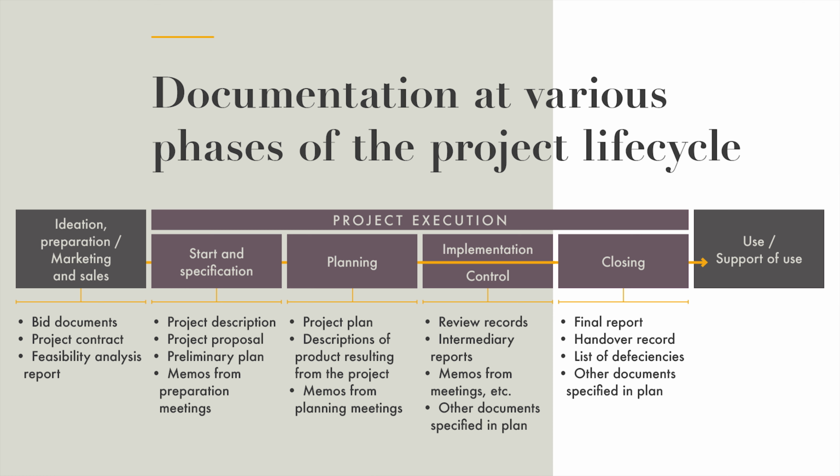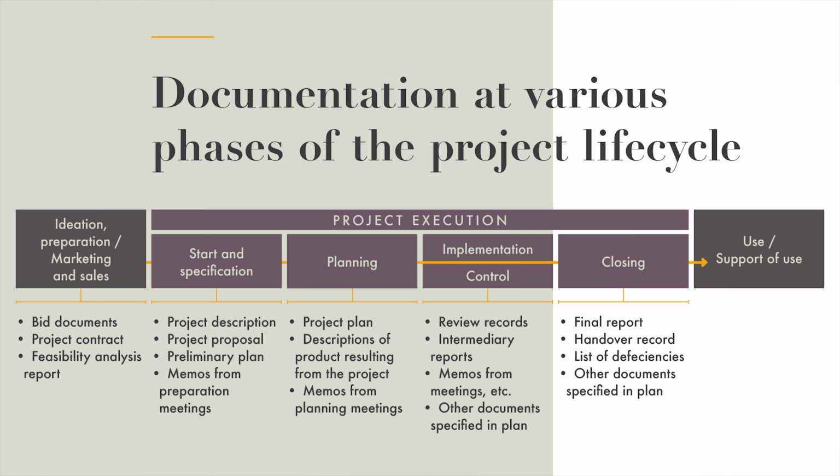The major outcome of the planning stage is the project plan, but also descriptions of the product resulting from the project, and again, memos from planning meetings. During implementation and control, we typically produce a high number of review records and intermediate reports, and again, memos from weekly and monthly meetings, as well as other documents specified in the plan.